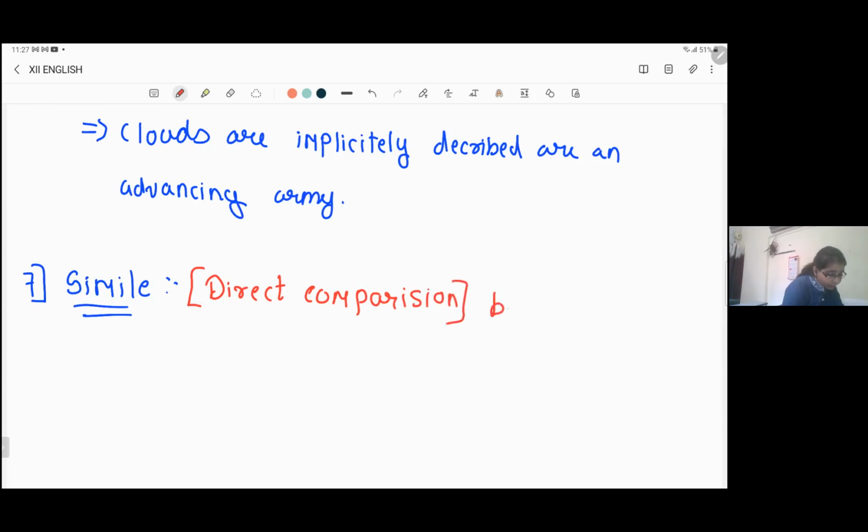Between whom? Two objects of different kinds.